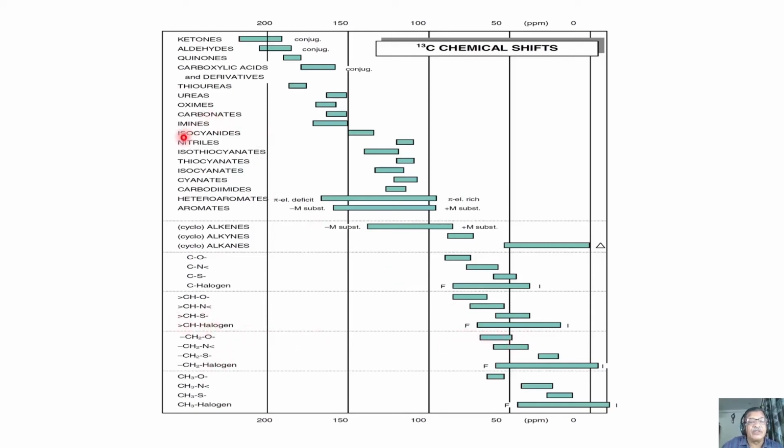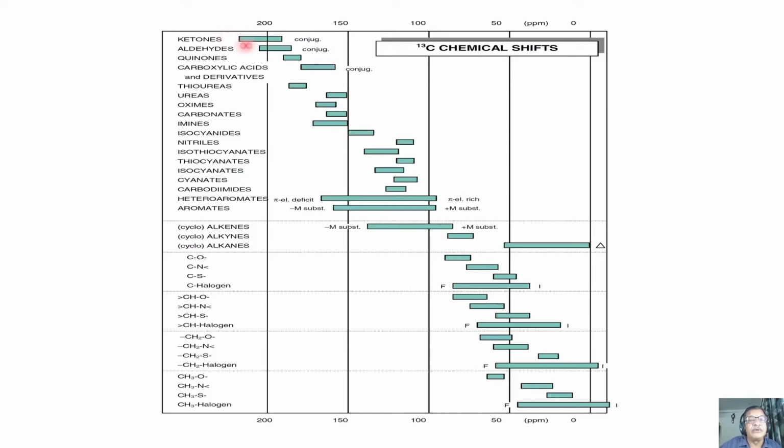Or isocyanates, which come in this region, let us say, 130 to 150. And the aromatic comes somewhere around 130 to 150 ppm. These are all classifications for different nuclei. It basically gives you an idea of where to start for the analysis.